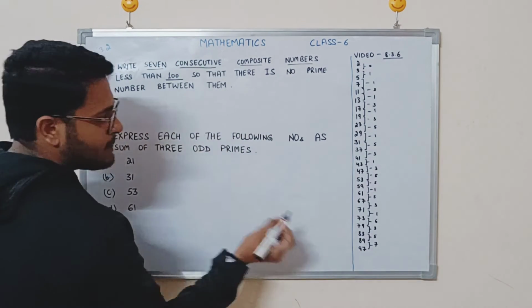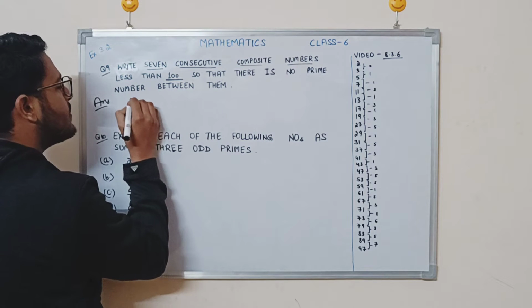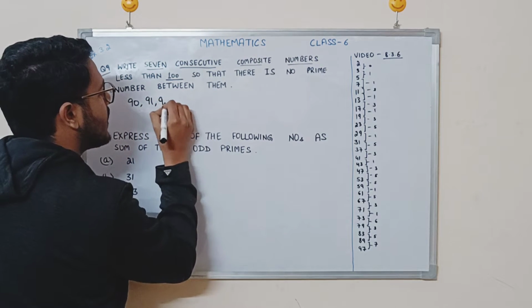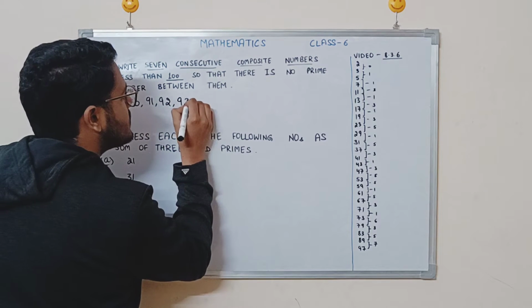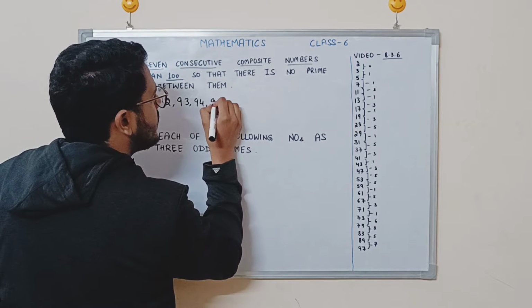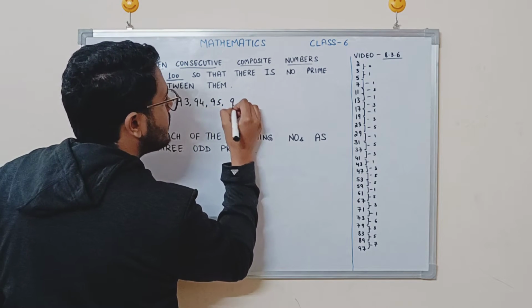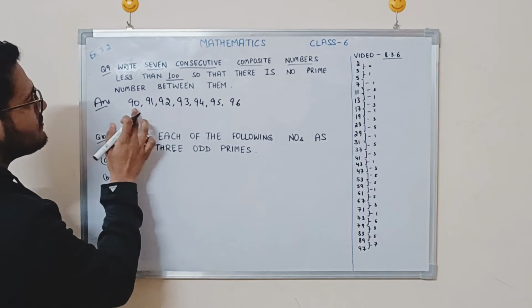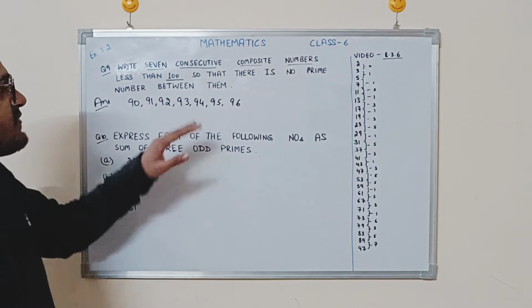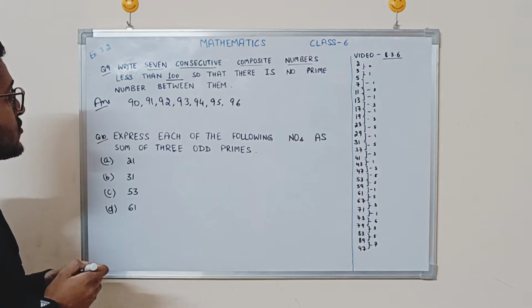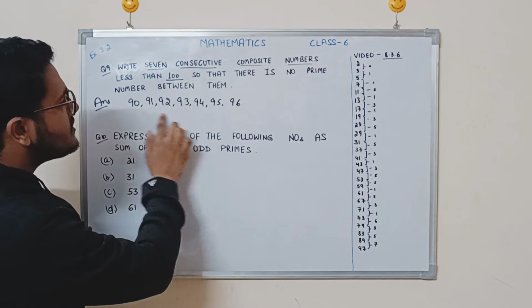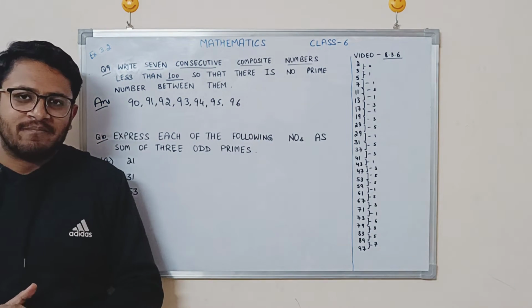After 89 we have 90, 91, 92, 93, 94, 95 and 96. So these are 1, 2, 3, 4, 5, 6 and 7. These are the 7 composite numbers, all less than 100, and there is no prime number between them.